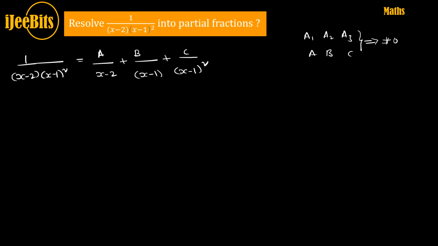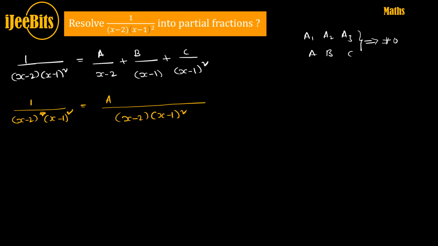I will put the equation 1 divided by x minus 2 and x minus 1 whole square equal to, what would be the LCM here? LCM would be x minus 2 into x minus 1 whole square, correct? So in order to make denominators the same, I'm going to multiply both numerator and denominator by x minus 1 whole square.